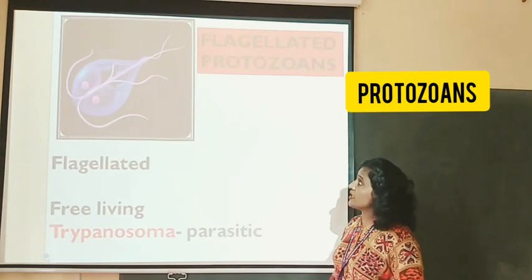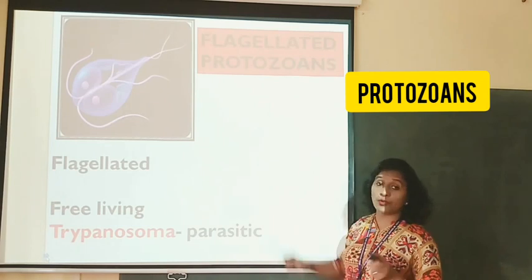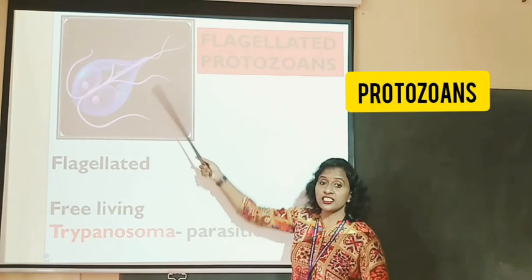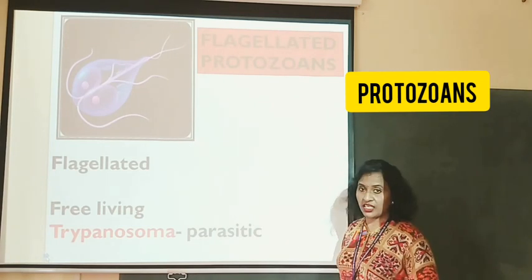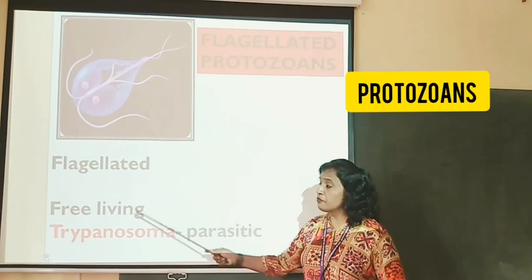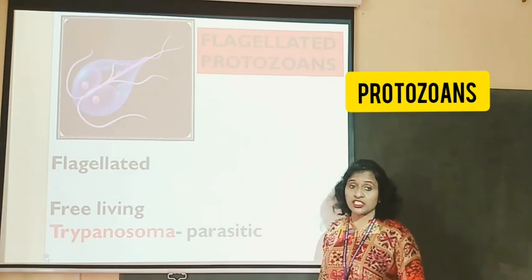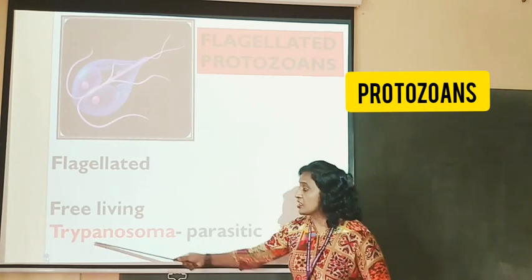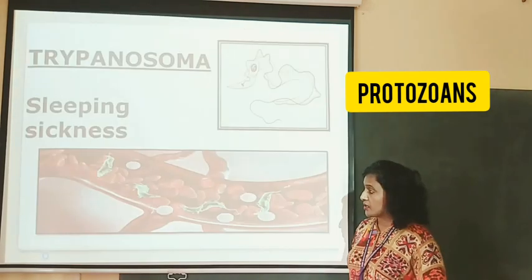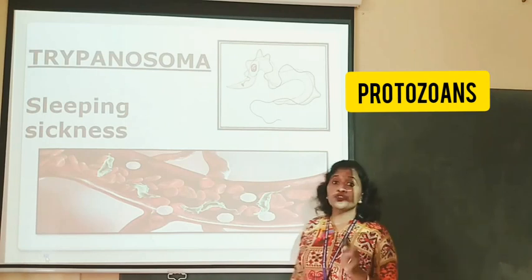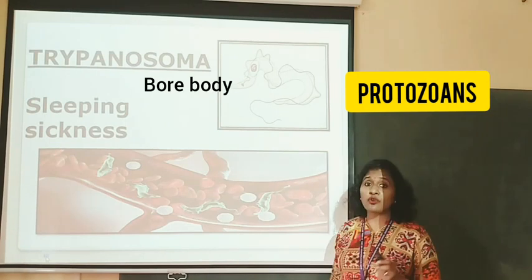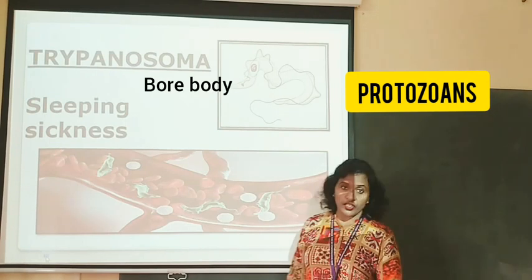The second type is flagellated protozoans. As the name says, these organisms have flagella. These are free living in nature. One of the examples which is parasitic is Trypanosoma. This Trypanosoma is also called the borer body.